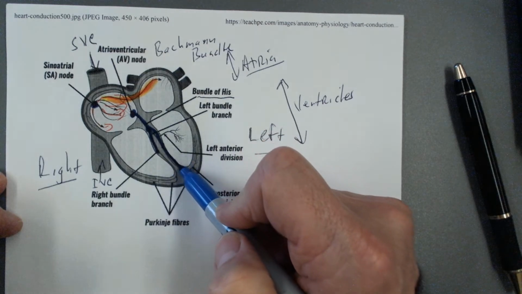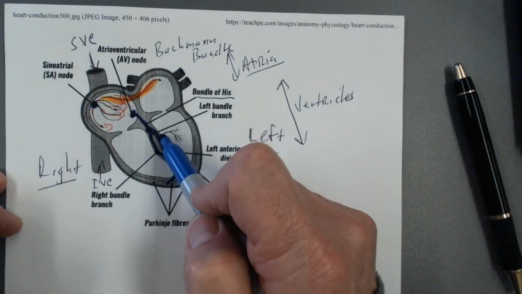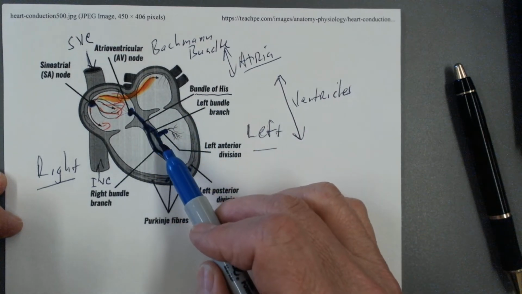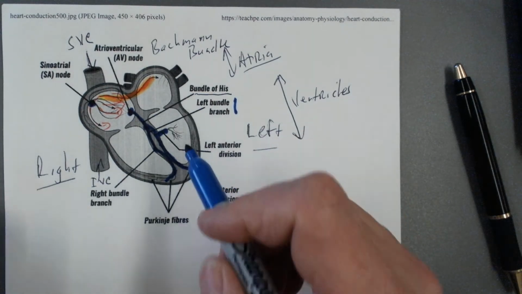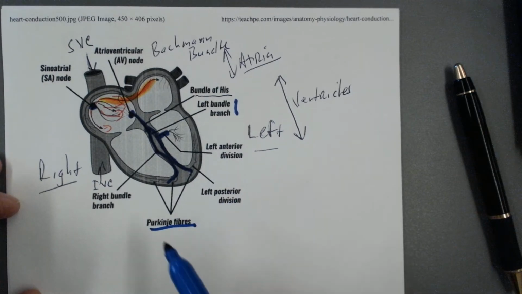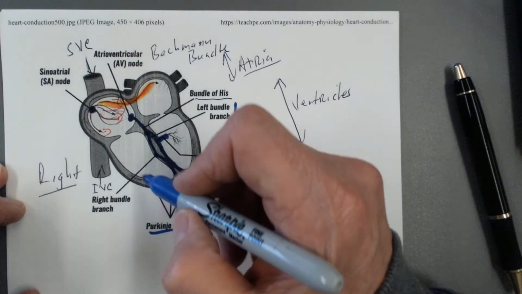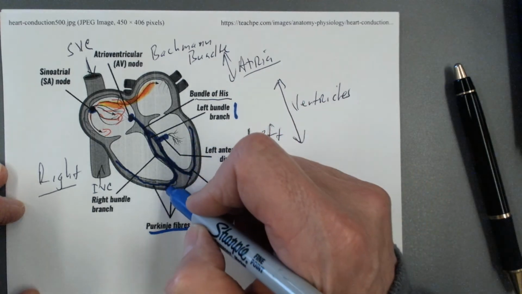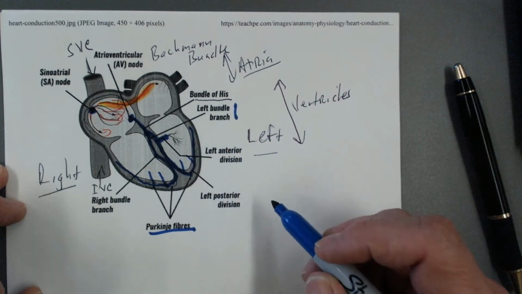These will then swing around the apex of the heart. On the left side, there's also an anterior division, which is a branch of the left bundle branch, which we see here. These then will further divide into the so-called Purkinje fibers. Those will then give the signal to beat throughout the wall of the ventricles, and it will also move into the papillary muscles and what have you.